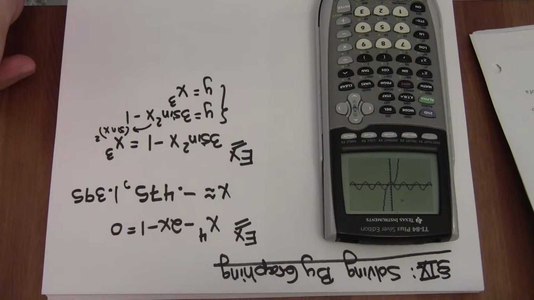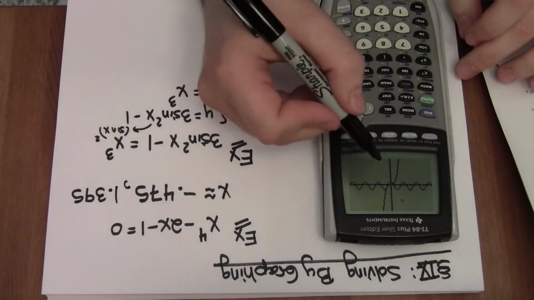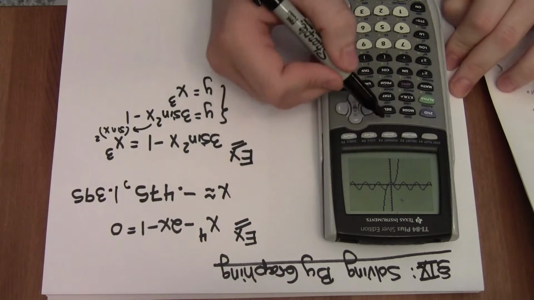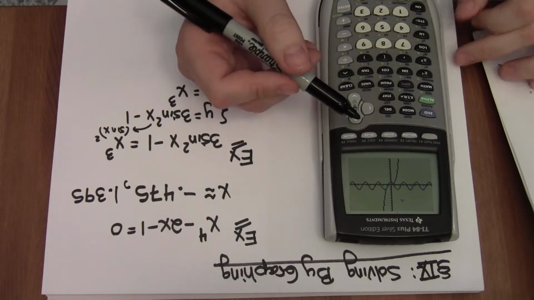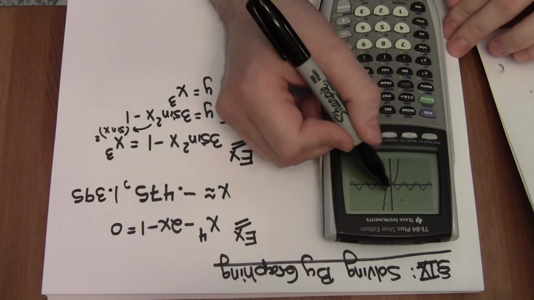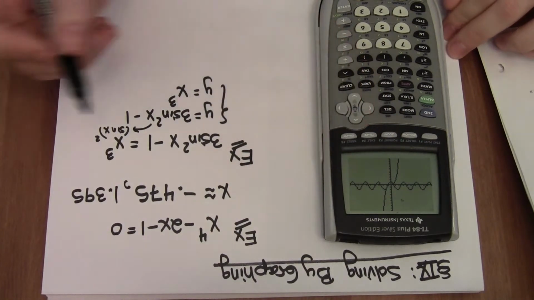And I get something like this. Now, I can't see very well what exactly is going on over there, so I do want to zoom in. Rather than using the zoom button, I think it's a lot easier to just change the window manually. I feel like I have a little bit more control over what's going on when I do it like that.